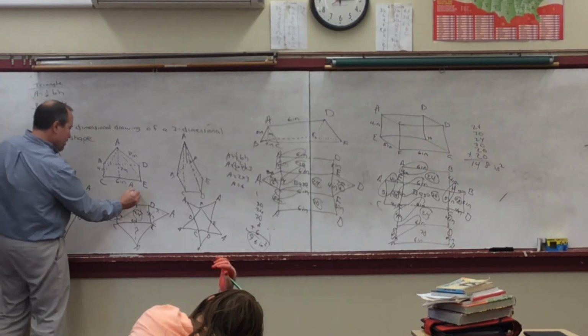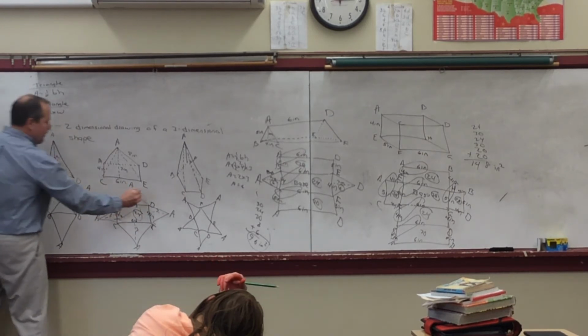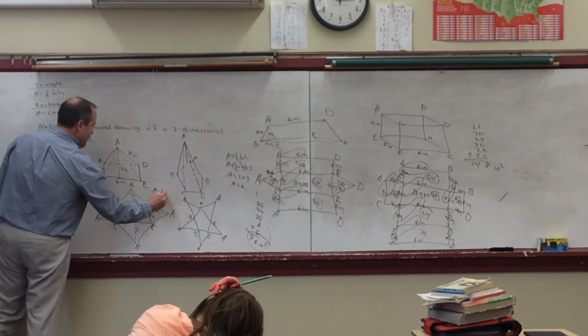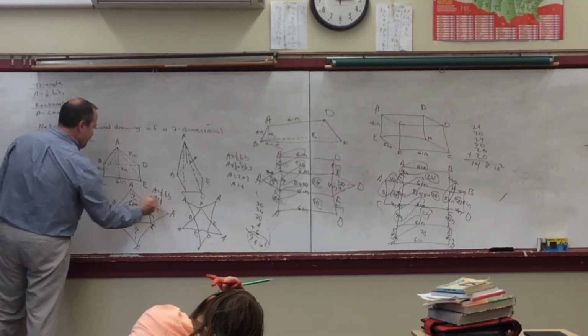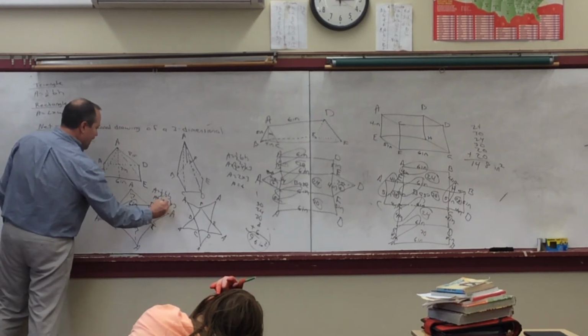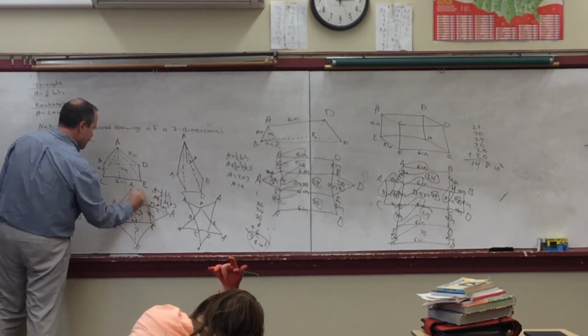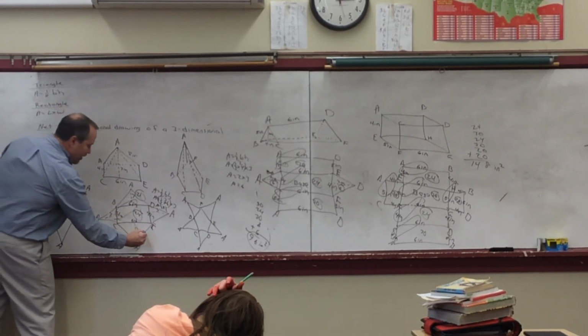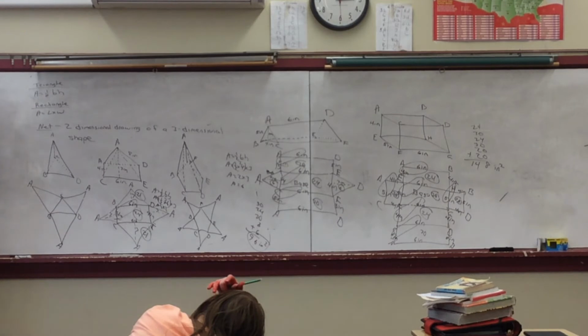Here we would have A equals 1/2 base times height. A equals 1/2. My base here is 6. My height is 7. 1/2 times 6 is 3. And now 3 times 7, which is 21. And so if that's 21, that one would be 21.